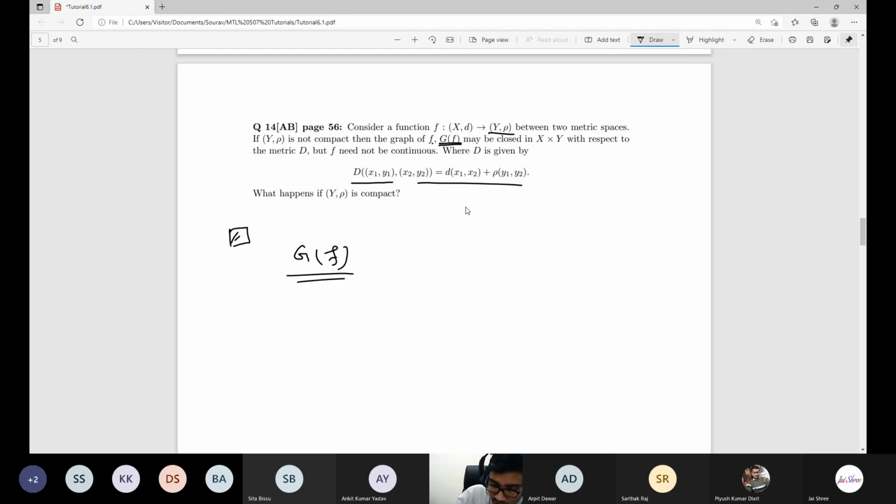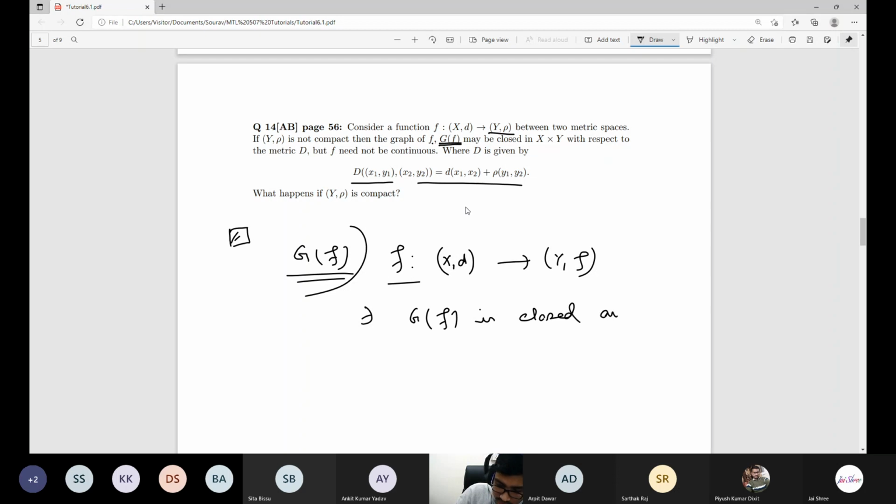Can you give some spaces x comma d and y comma rho, and a function f such that the graph of f is closed but f is not continuous?